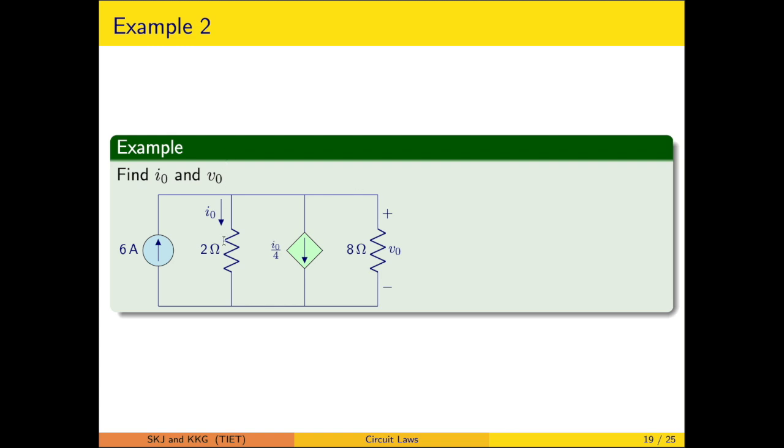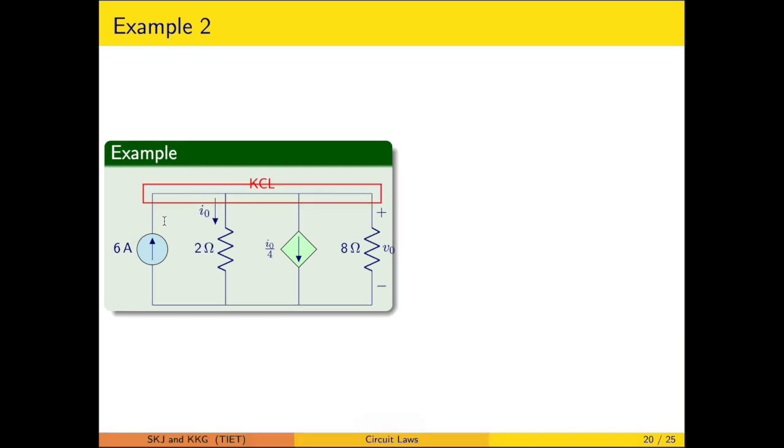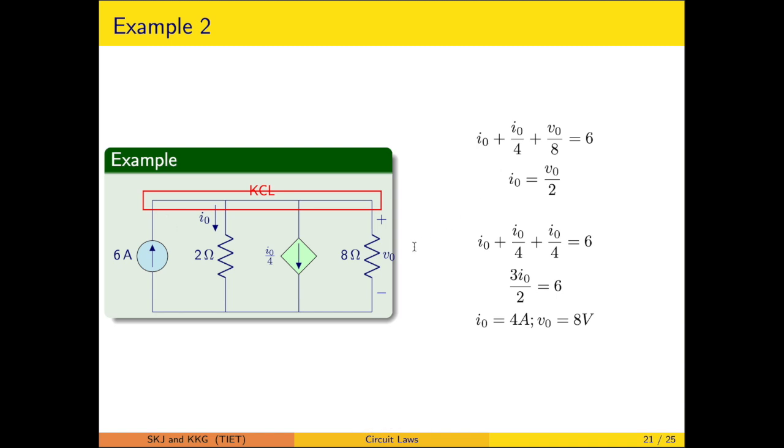So I0 is an outward current, plus I0 by 4, that is also outward. This polarity is positive, so the current will be directed from top to bottom in the resistor, and the value will be exactly equal to V0 by 8. The sum of these is counterbalanced by the supply current, and that results in one equation. So the KCL equation is obtained.